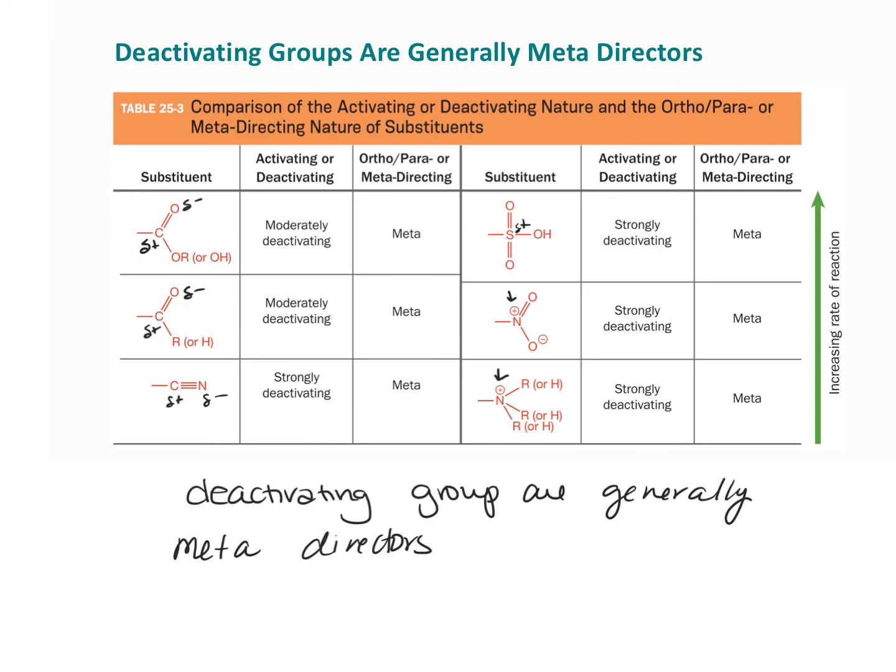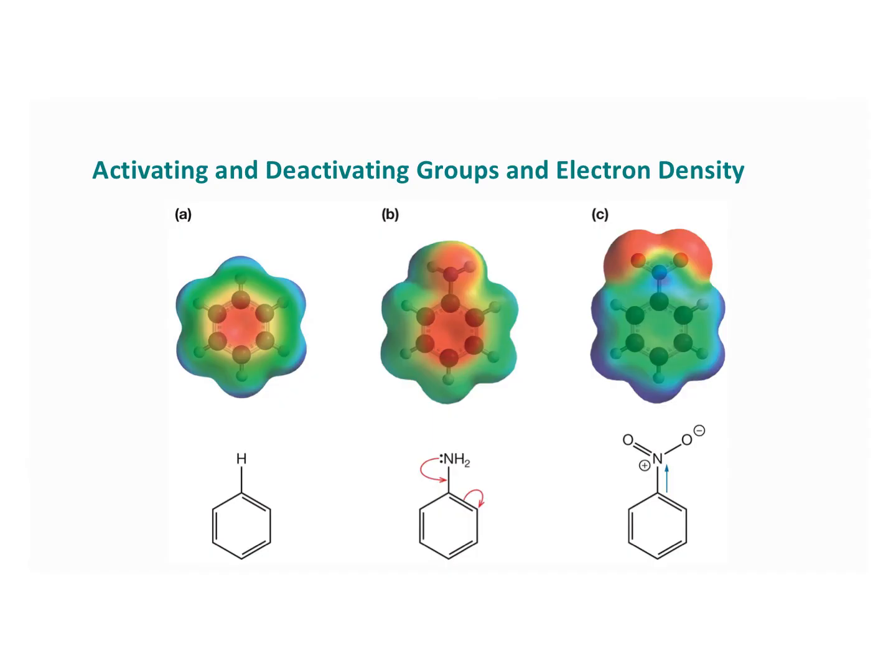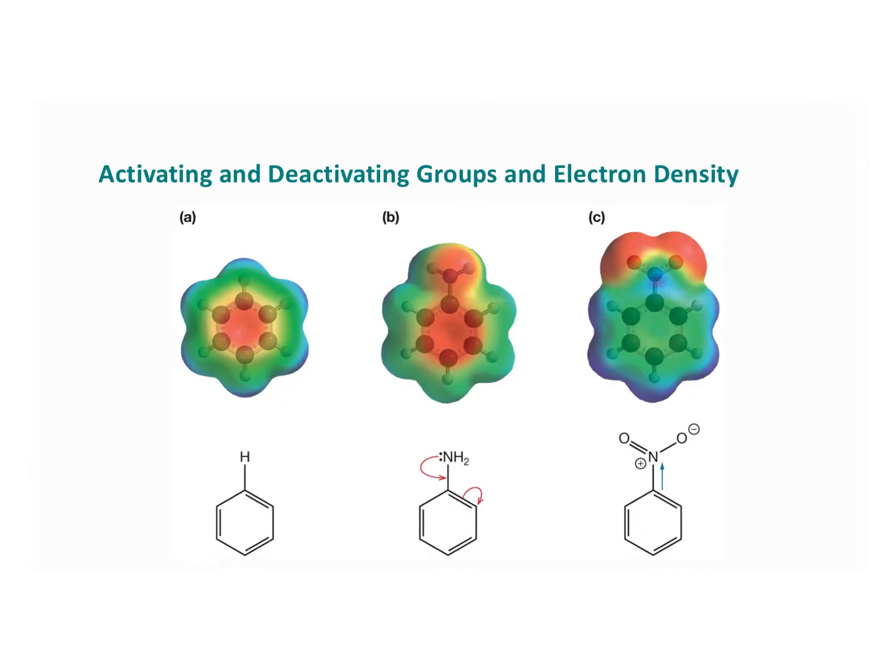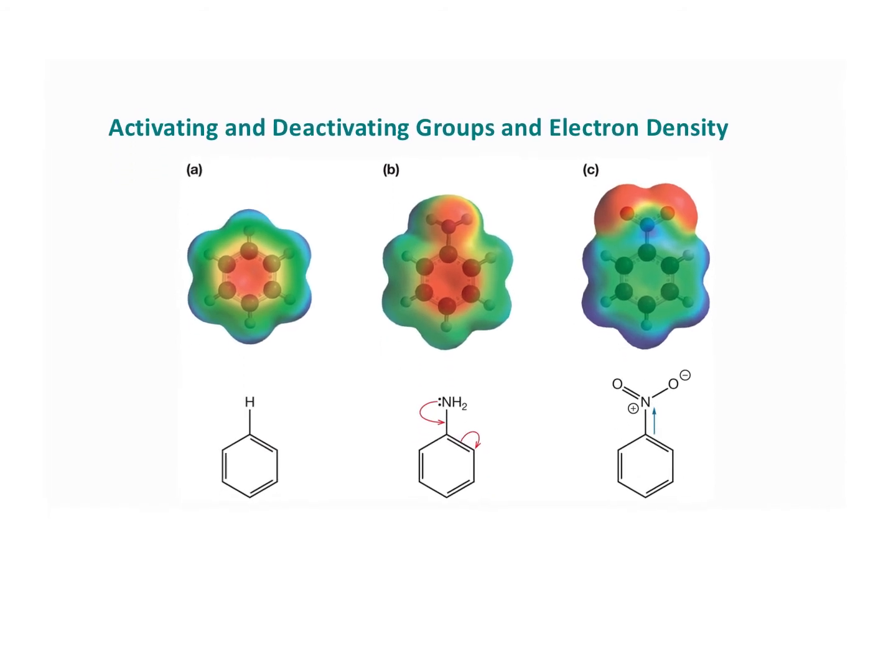Now, we can gain a little bit more insight into the activating or deactivating character of a substituent by looking at the effect of the substituent on the electron density of the aromatic ring prior to the reaction. And so we can look at these electrostatic potential maps shown here.